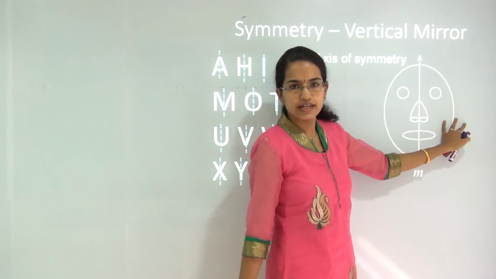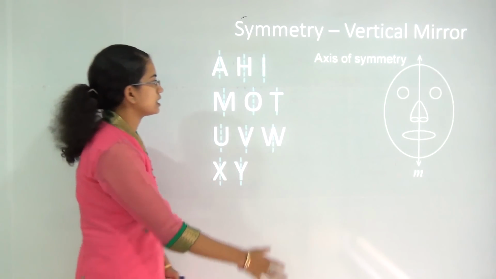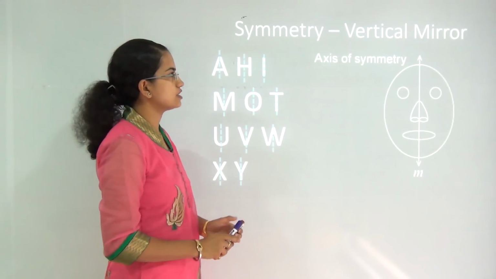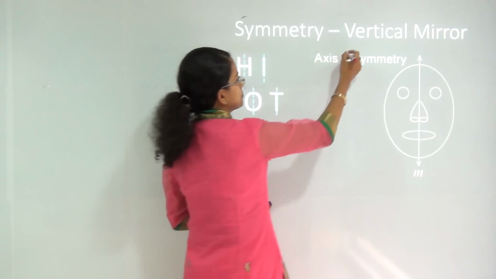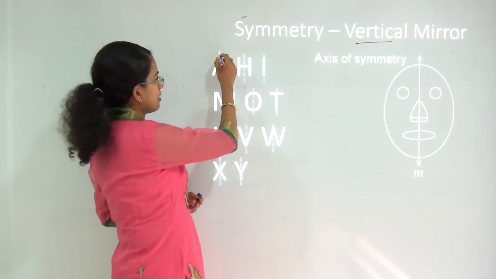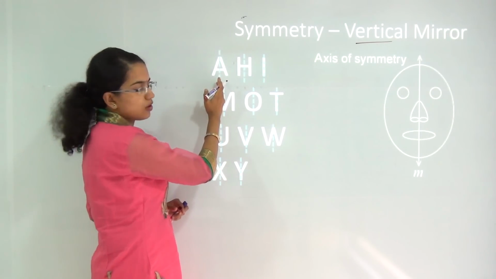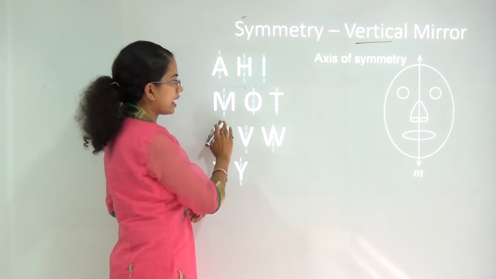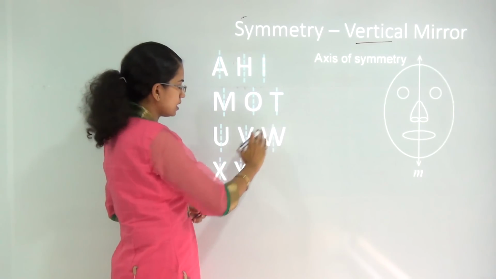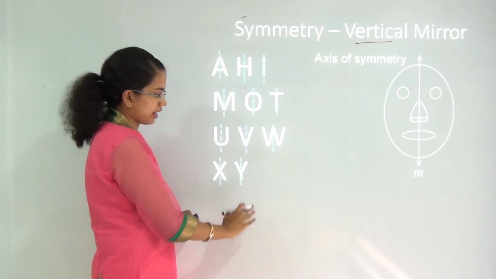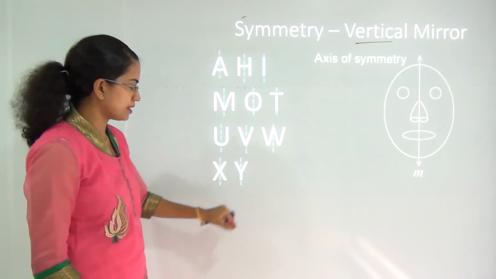Similarly, these are the letters which are symmetrical in case of a vertical mirror: A, H, I, M, O, T, U, V, W, X and Y.